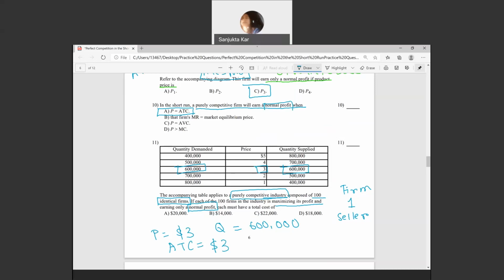All right, so this is the average total cost here, and they're asking us to find the total cost of a single farm.